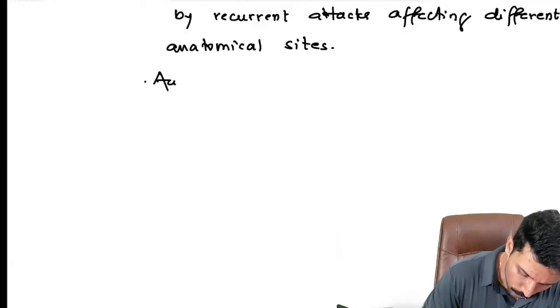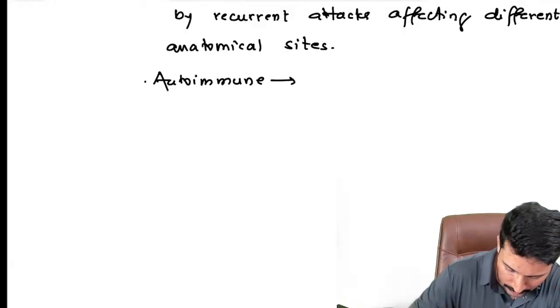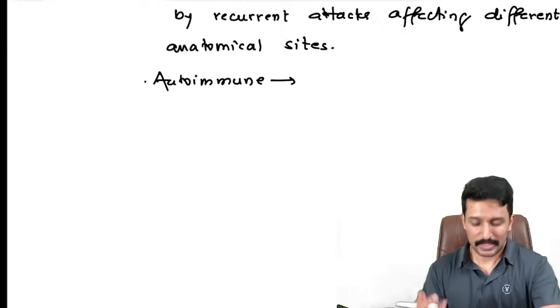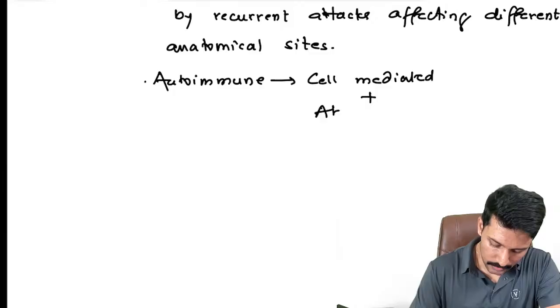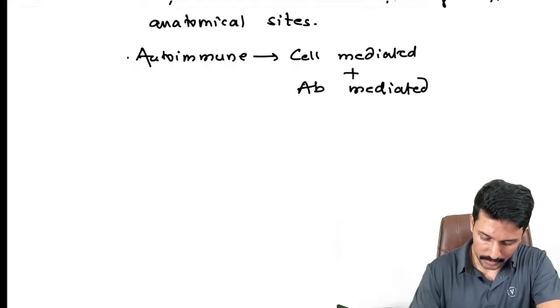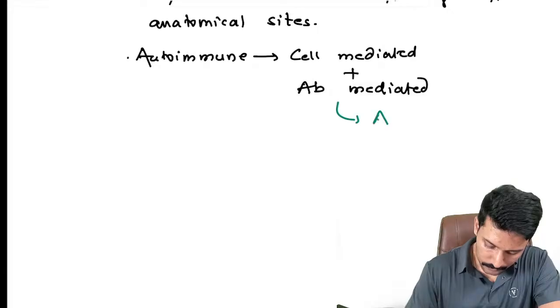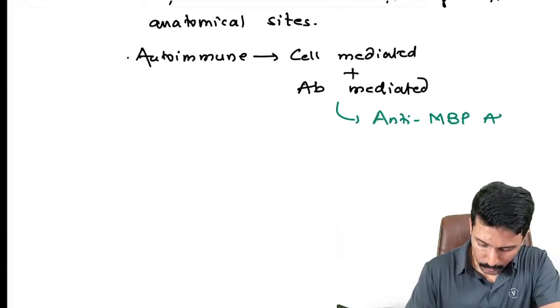This is also an autoimmune disorder, and being an autoimmune disorder, you should remember that it is due to cell mediated plus antibody mediated injury. And when we are talking about antibody mediated, the main antibody is anti-myelin basic protein antibody, right?